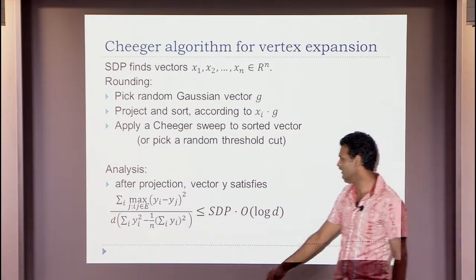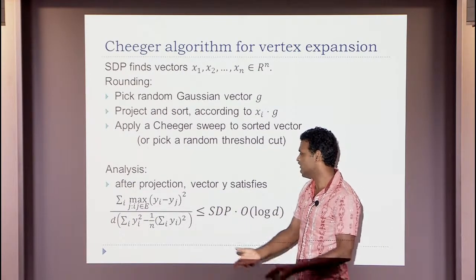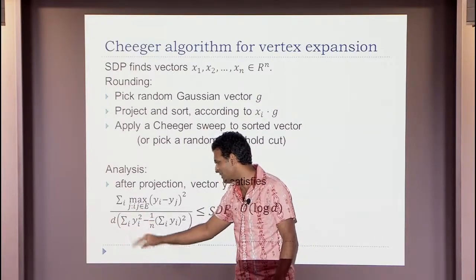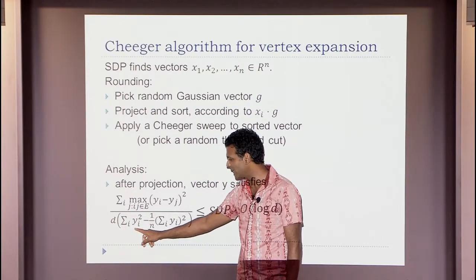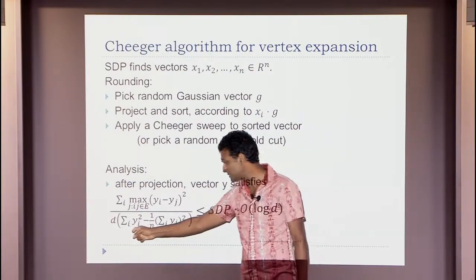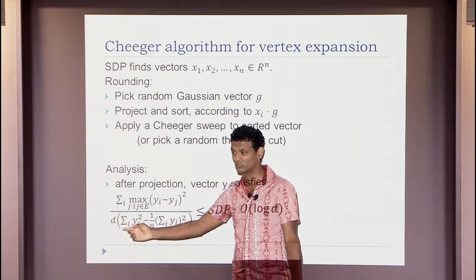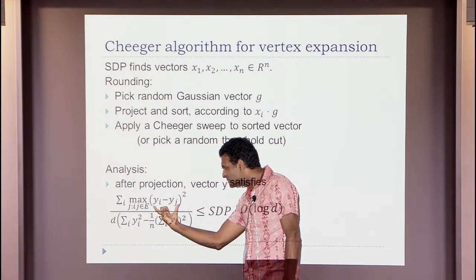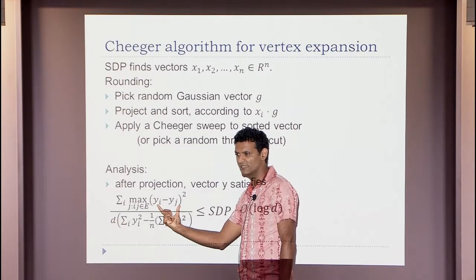And what is this saying? It's two things that are concentrated near their expectation. This one doesn't even have any max, it's just a summation. The yi's are Gaussian times xi, so it's just the length squared of a Gaussian. It's concentrated near its expectation. What about the numerator? Each of these terms is concentrated near its expectation.